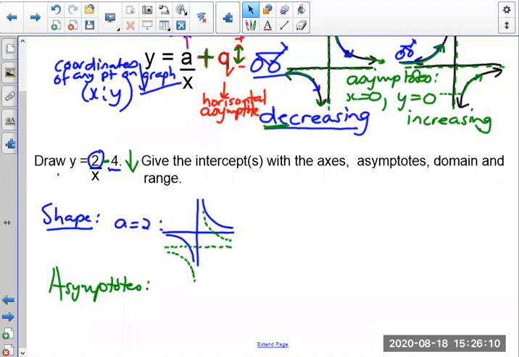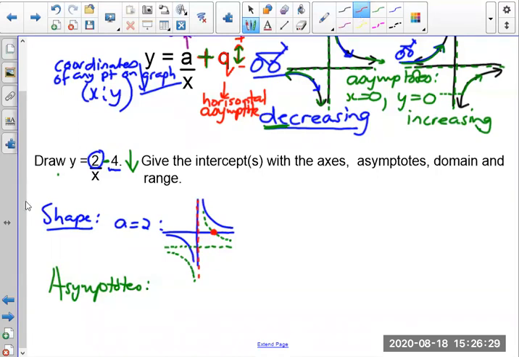Now, can you see that in this case, I'm going to have an x-intercept? Can you see there will be no y-intercept? The graph doesn't cut the y-axis because the y-axis is still an asymptote.